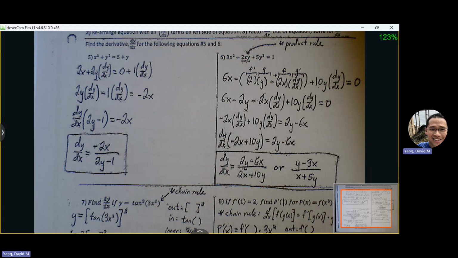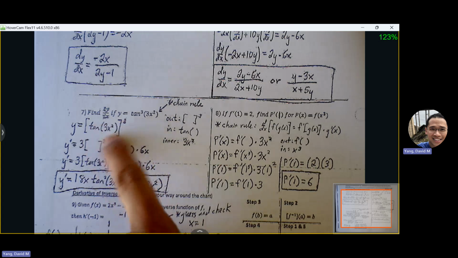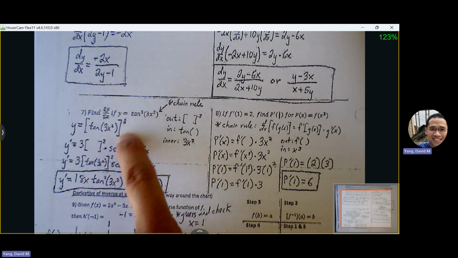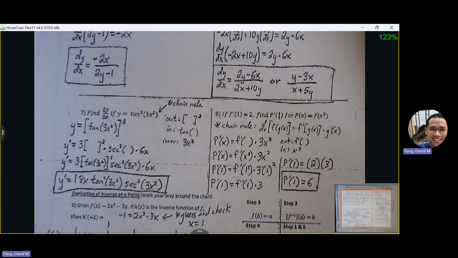Just want to give a reminder for number 7: anytime you see a trig function with that abbreviated exponent location, take the time to rewrite it, especially if there's a derivative or integral involved, especially derivative, because there's going to be a hidden chain rule that is hard to see without pulling that 3 out.